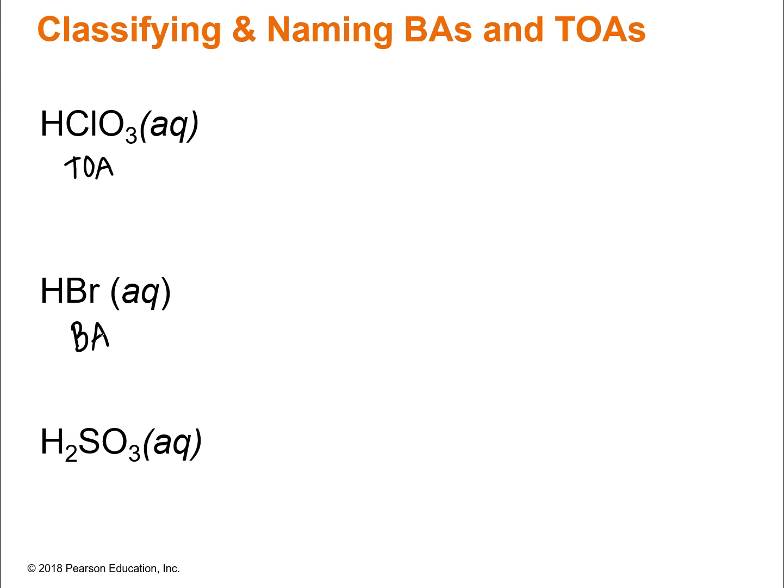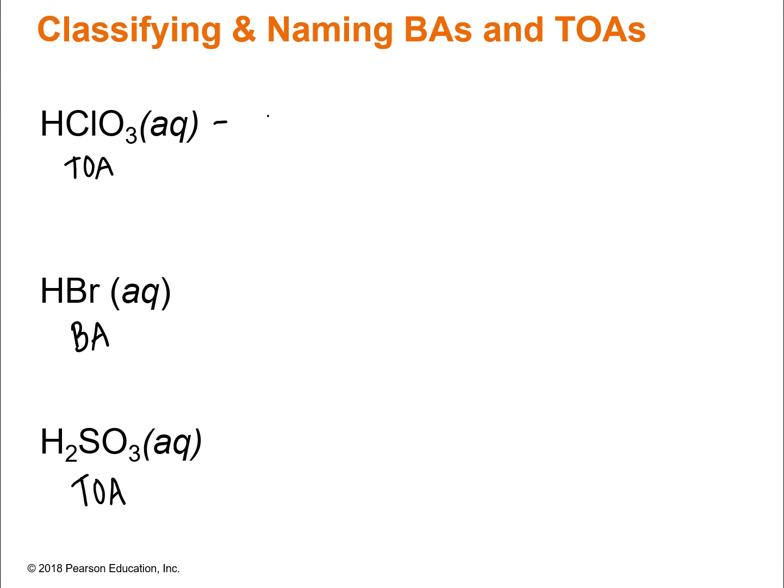It's a binary acid. And the third one? It's a ternary oxyacid. In the interest of time, I'm just going to write out the names for these. Check it against what you have.